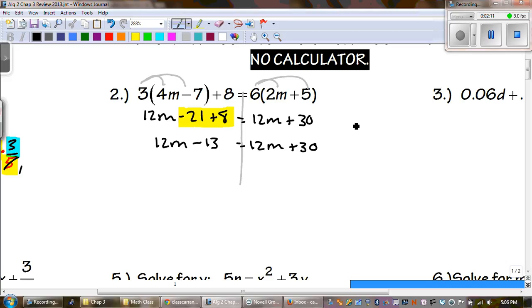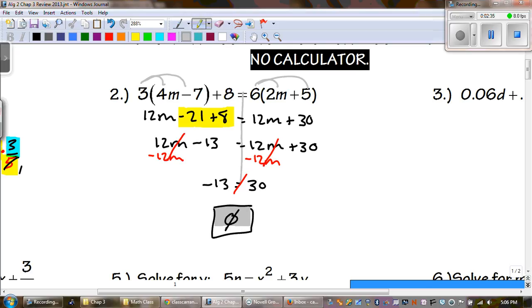Now the next step is to get your variables to one side. So I'm going to subtract 12m, and both of those cancel. You're left with negative 13 equals 30, which is a false statement. So the answer to this is no solution.